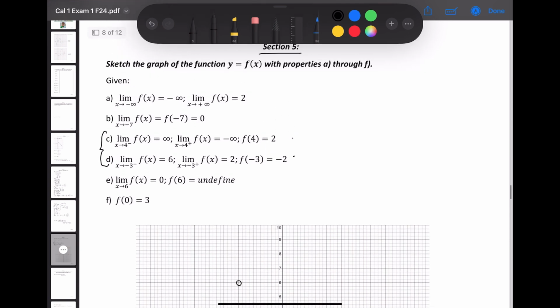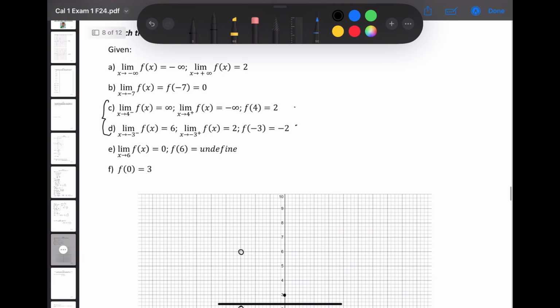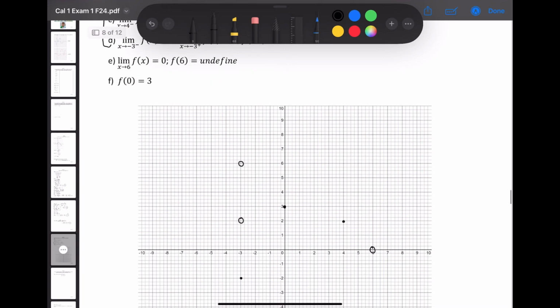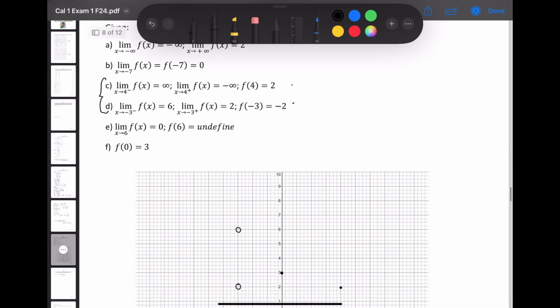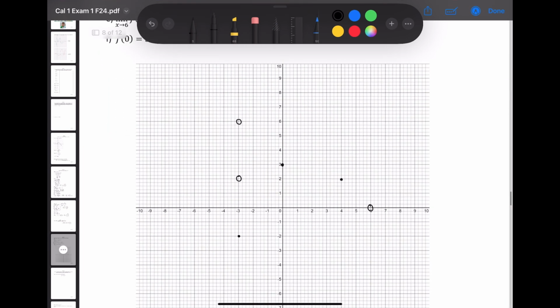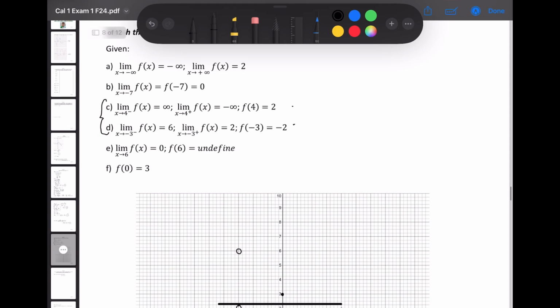Now going back to A, as limit x is approaching negative infinity, f of x is equal to negative infinity. So you know negative infinity is over here. And then, okay, let's come back to that one.